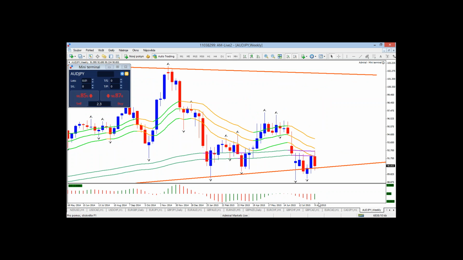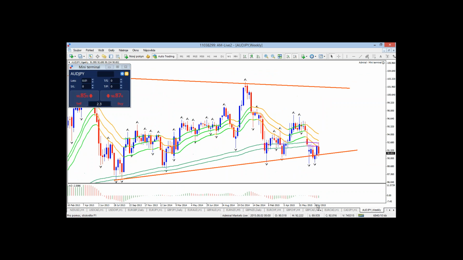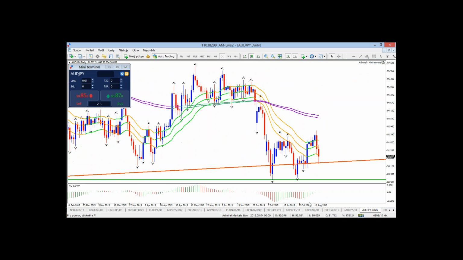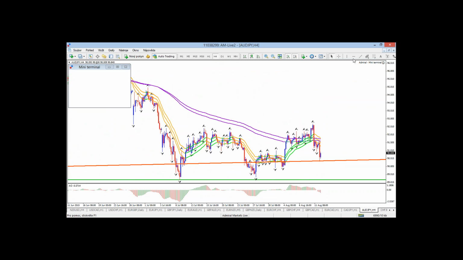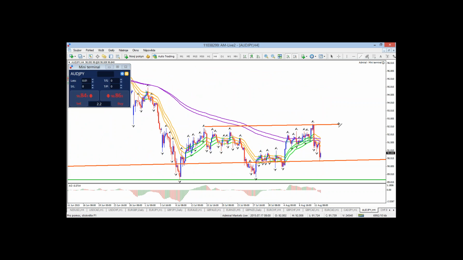You can see prices dragging the short term right into the long term. Daily chart, downtrend, but right at support. 4-hour chart, looks like it's breaking this wedge.